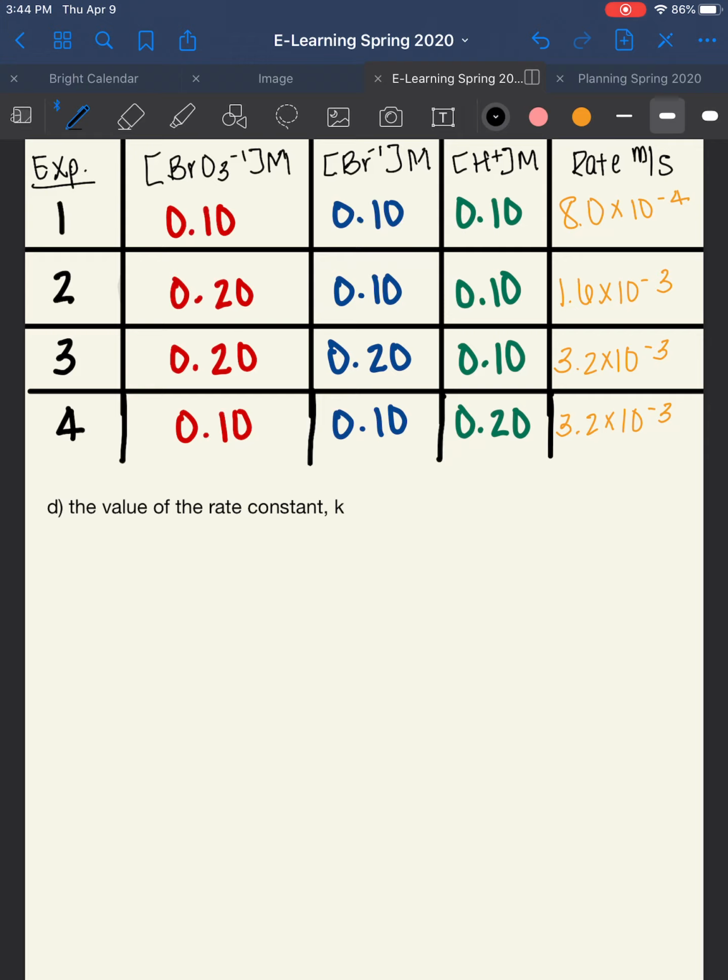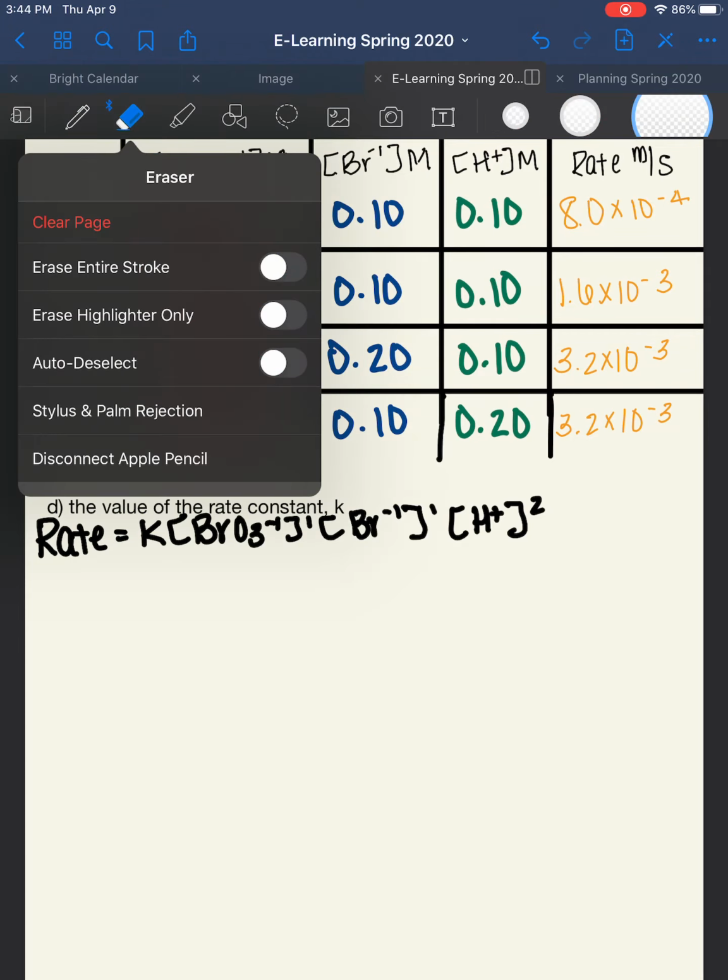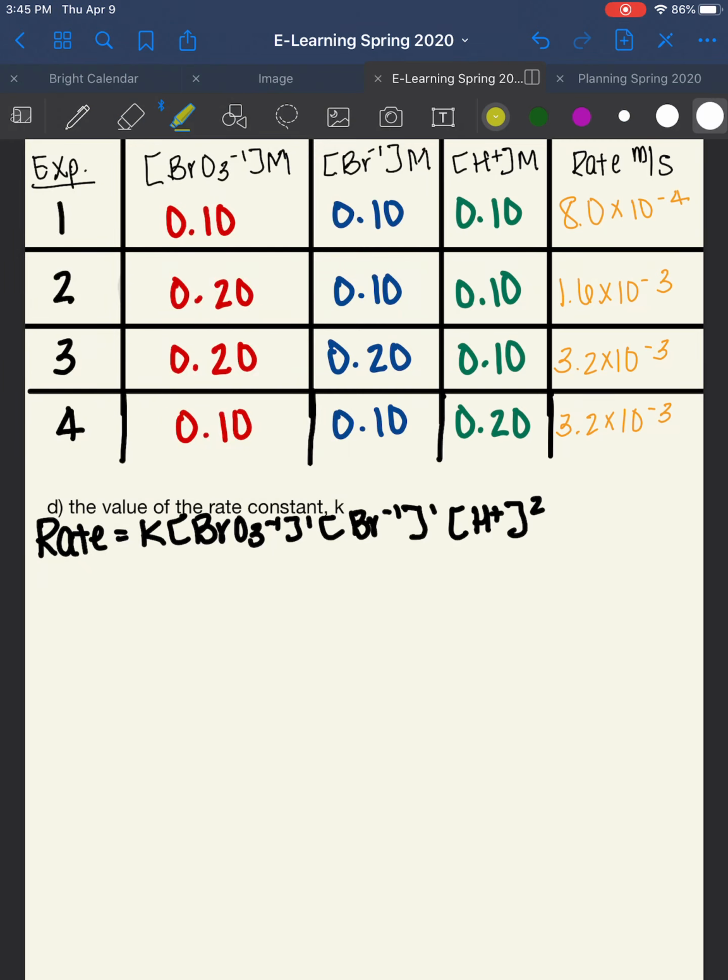Okay, so let's start by rewriting that rate law. We have our rate is equal to K, BrO3 -1 first power, Br -1 first power, and H plus squared. We have all the information we need in our data table to fill this in.